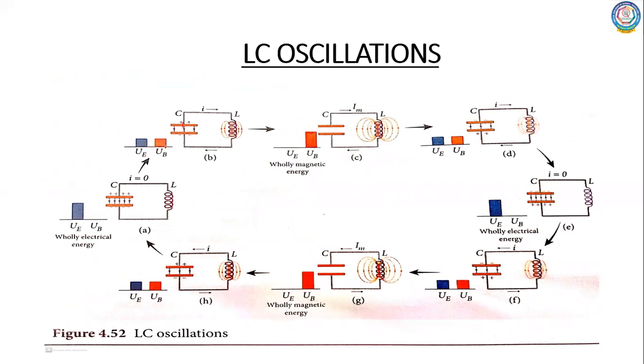Now let us move on to the third. So what is happening here? The charges start decreasing, there is a current flow and the magnetic field is produced in the inductor. So this is the second case. Now the process goes on. Now there comes a stage where there is no charge in the capacitor.